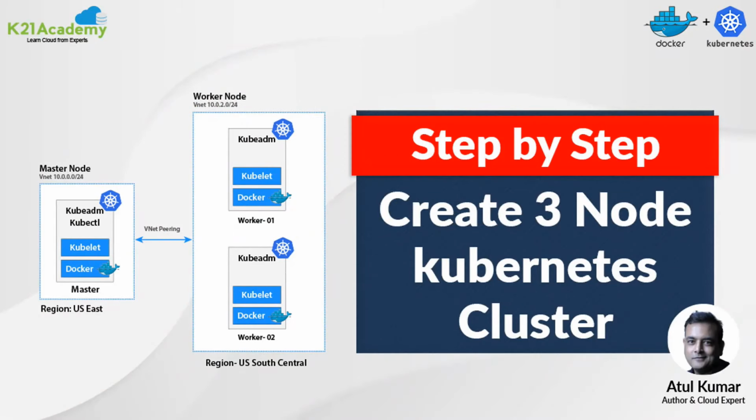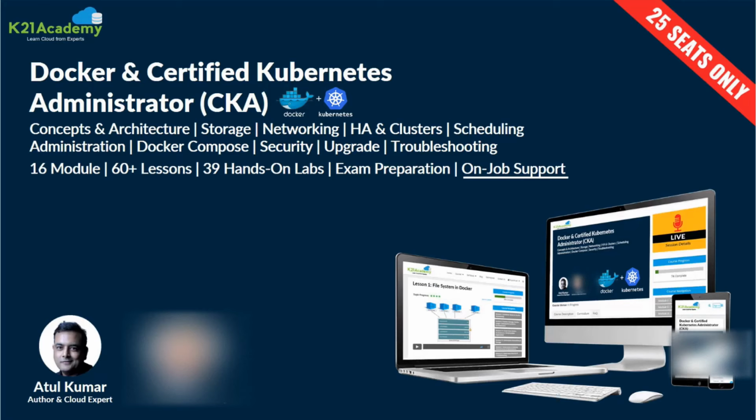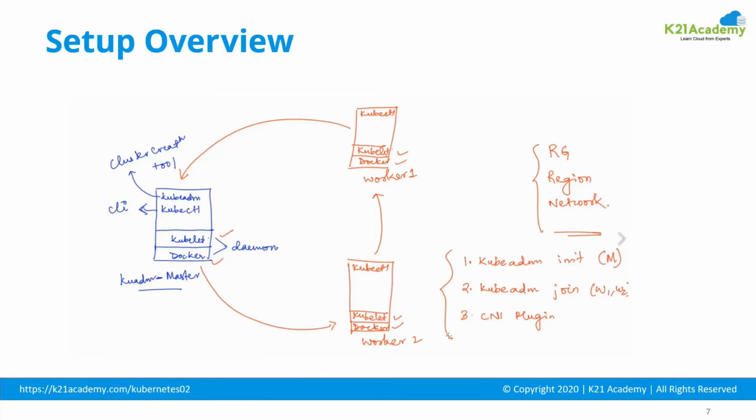So before I tell you how to create a step-by-step 3-node Kubernetes cluster, I've taken a clip from one of our certification training programs on Docker and Kubernetes for administrators. In this clip, our instructor is going to tell you the overall setup where we're creating a 3-node cluster, and what software we'll be installing, in a high-level overview.